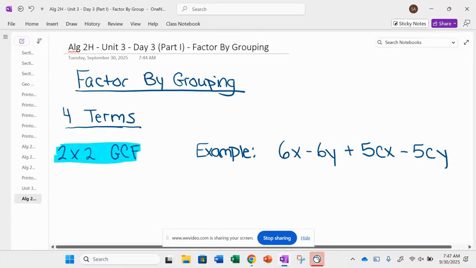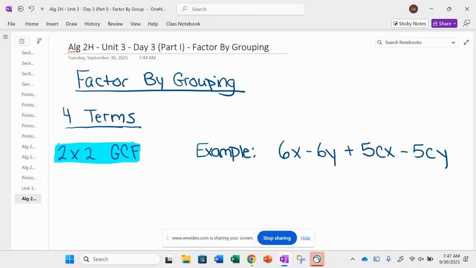Okay, so this is what I call a 2x2 GCF. What that means is I have my 4 terms. We'll check this. 1, 2, 3, 4. And what I mean when I say a 2x2, it means I group 2 terms together and then I group a different 2 terms together. So 2x2, group 2 sets of terms together.